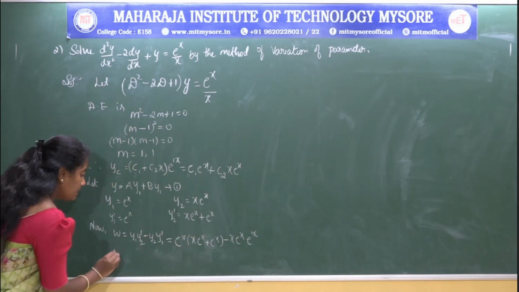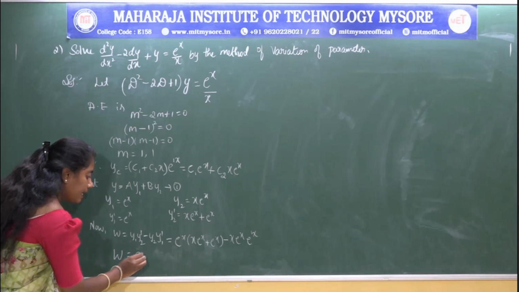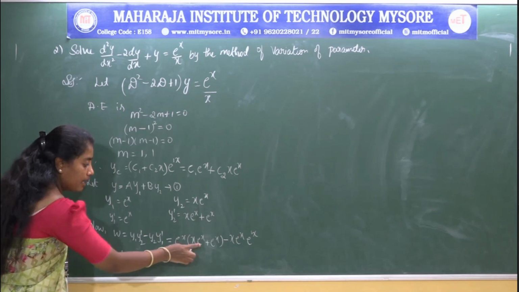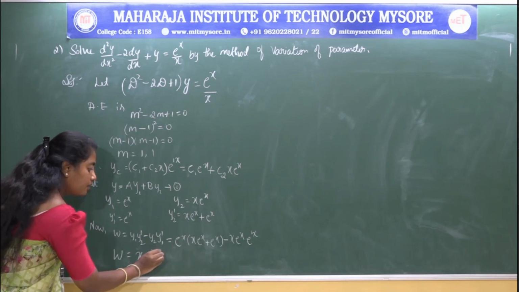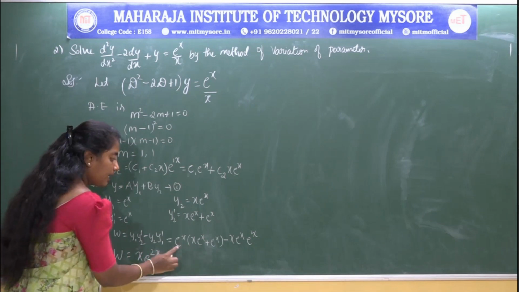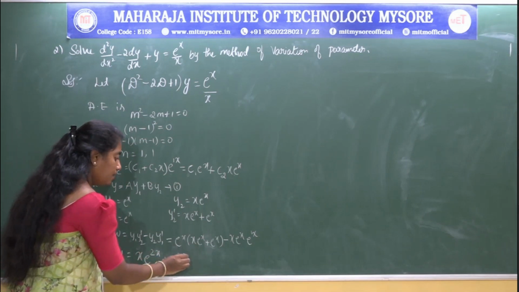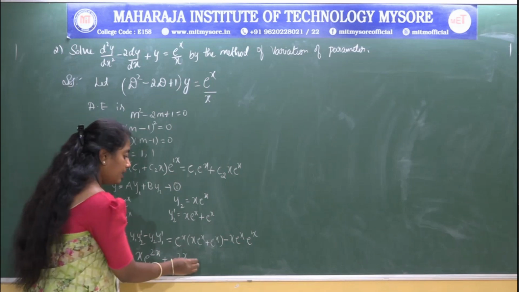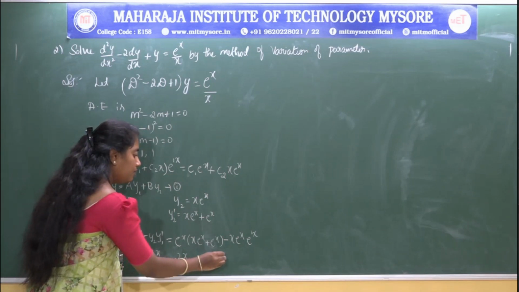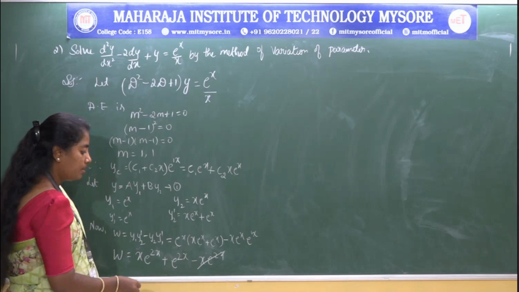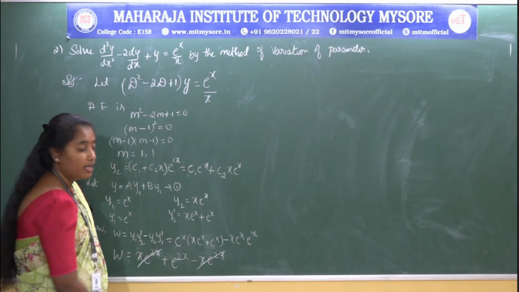Simplifying the obtained result, W is equal to x e^x times e^x, which is x e^(2x), plus e^x times e^x, e^(2x), minus x e^(2x). Minus x e^(2x) plus x e^(2x) get cancelled.